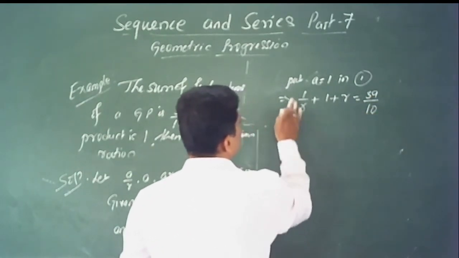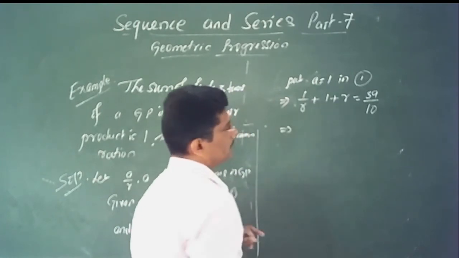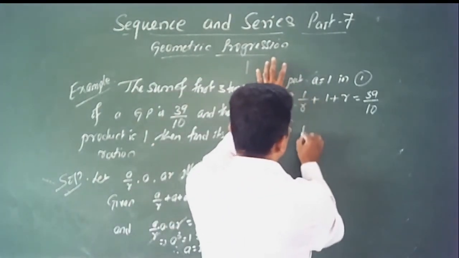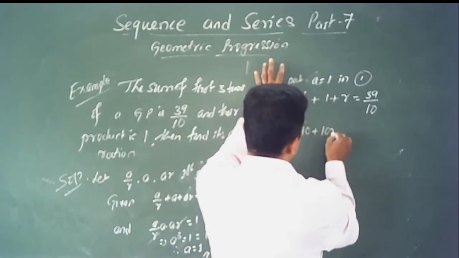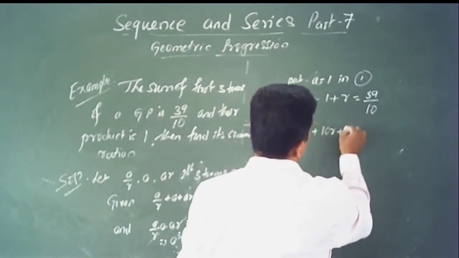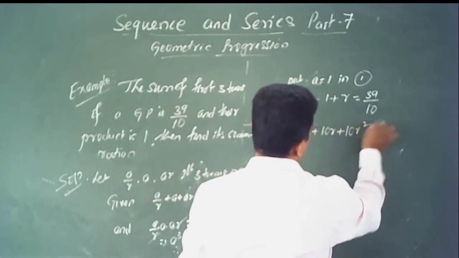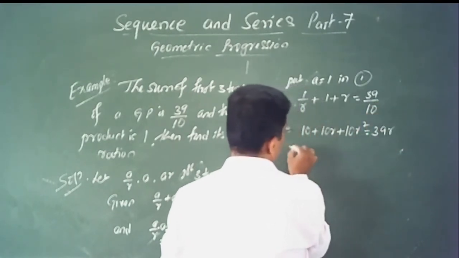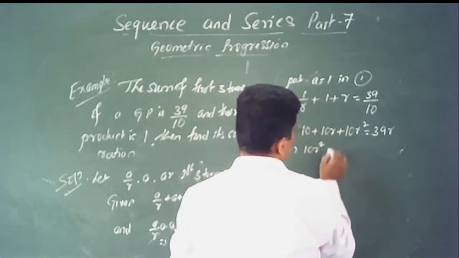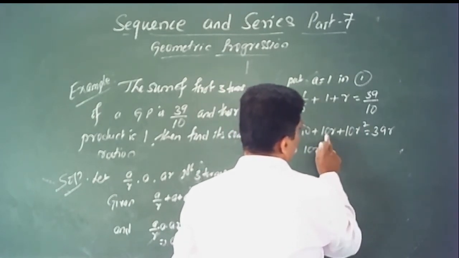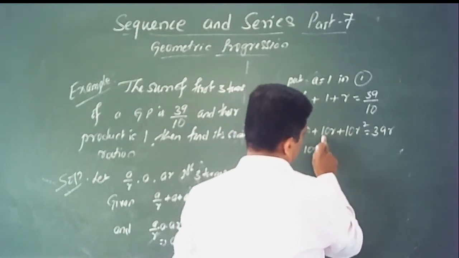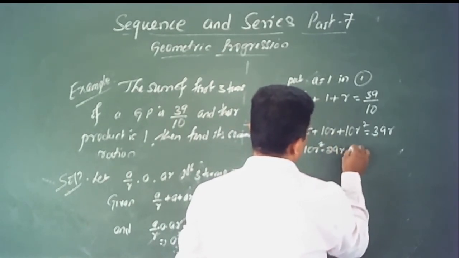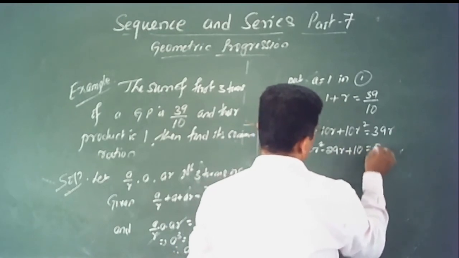Here multiplying each term by 10R, R and R cancel, so we get 10 plus 10R plus 10 into R into R, that is 10R square, is equal to 39R. It implies 10R square minus 29R plus 10 is equal to 0.